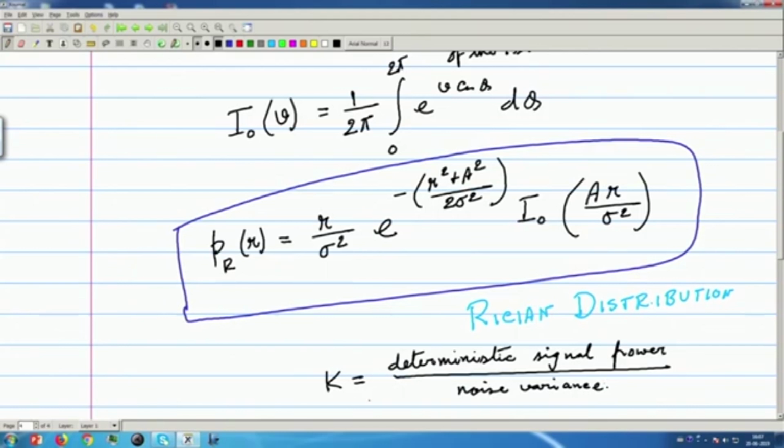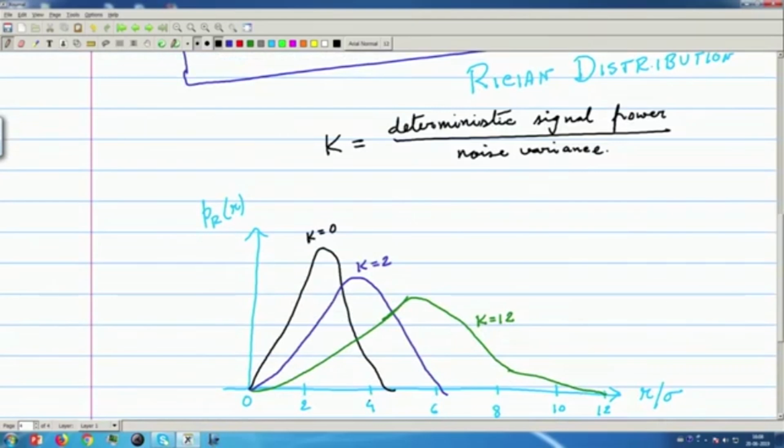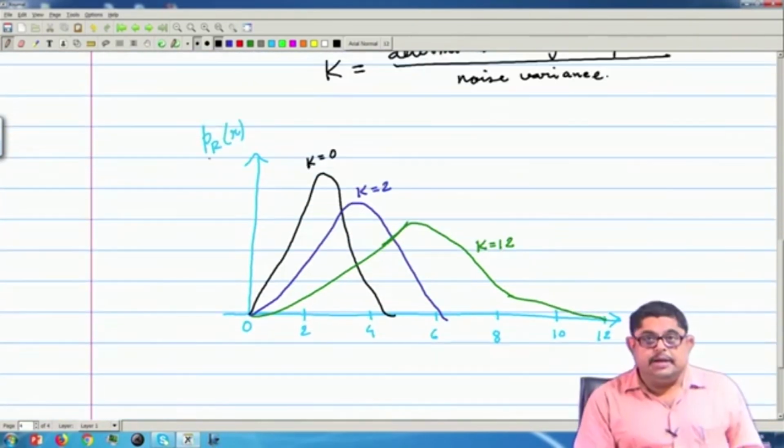So, in terms of this parameter, k high means the signal is dominating over noise, and k small means the noise is dominating.